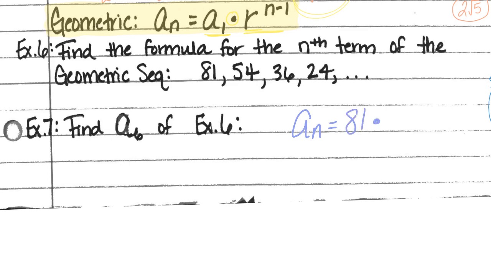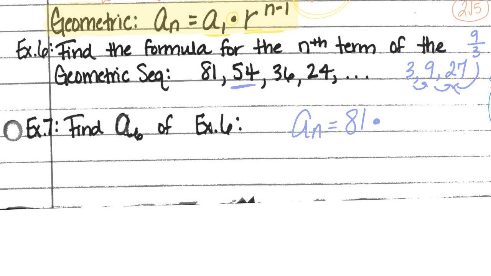81 times r. R is called the common ratio. How do I find that common ratio? Well, let's think about it. If I was looking for the common ratio and I had 3, 9, 27, couldn't you just say these are multiplied by 3? And I also know I could take this 9 divided by 3 to give me that multiplication by 3.